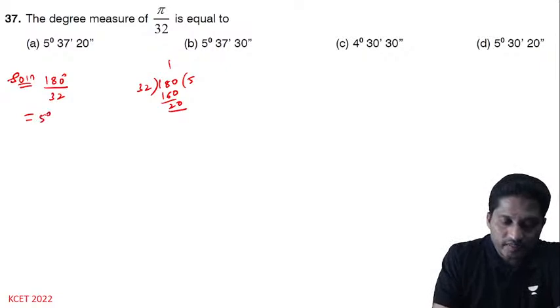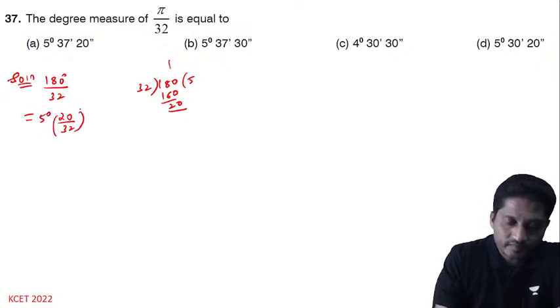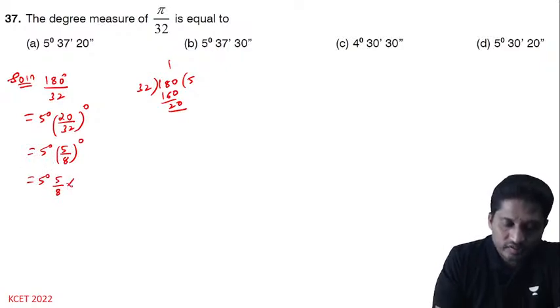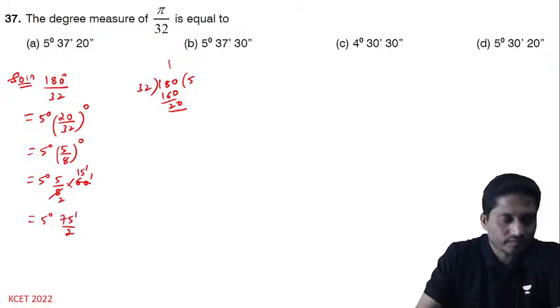So quotient plus remainder divided by divisor: this is 5 degrees and 20 by 32, which is 5 by 8 degrees. 1 degree is equal to 60 minutes, so this is 60 minutes. If I divide by 4, 4 twos, 4 fifteens, 15 into 5 is 75. So this is 75 minutes by 2.